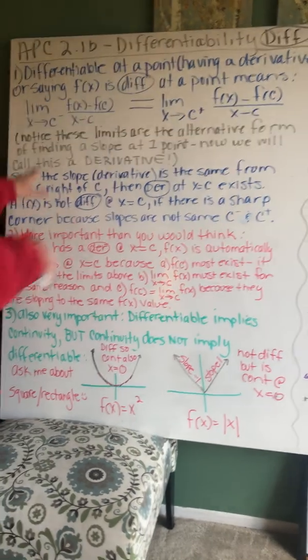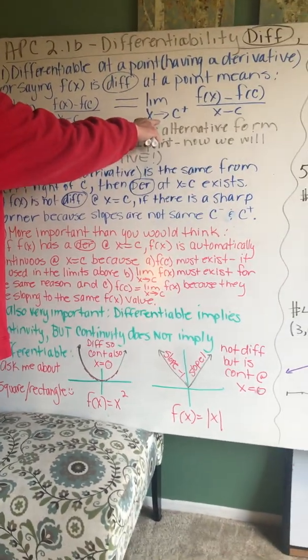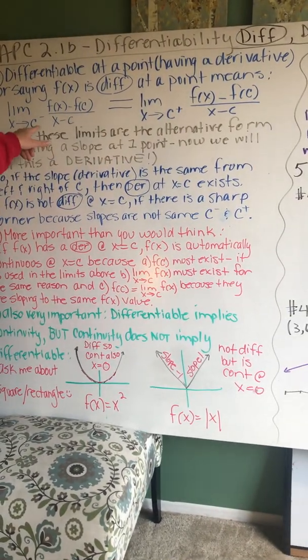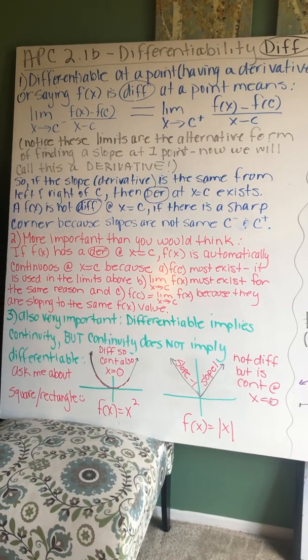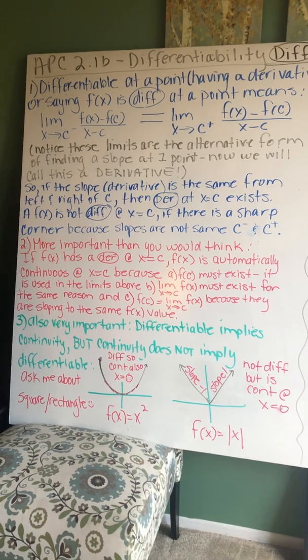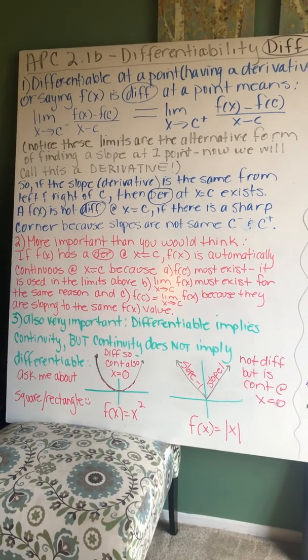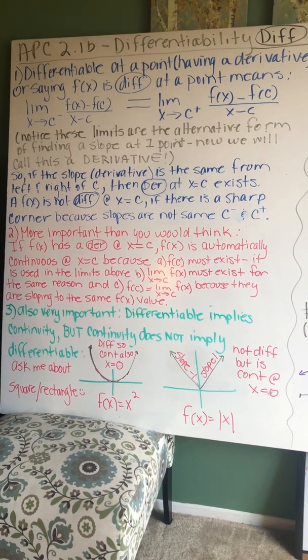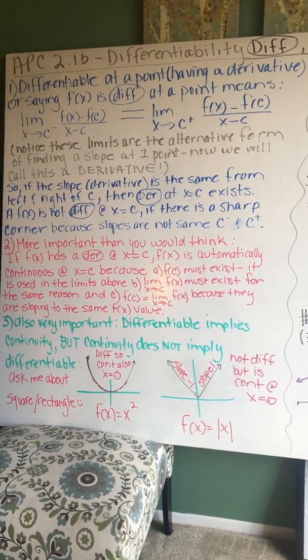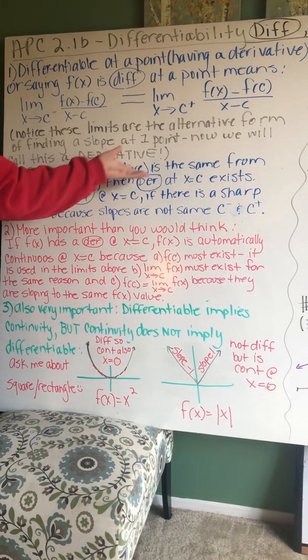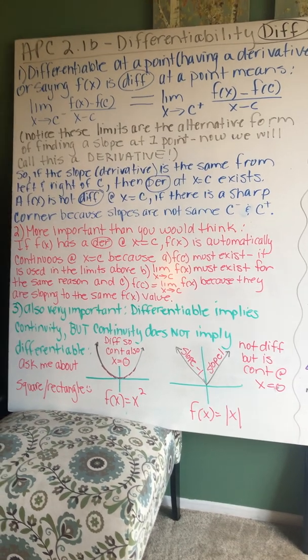This would mean that the slope, as you approach an x of c from the left and the right, is approaching the same slope. That makes it differentiable. So notice these limits are the alternative form of finding a slope at one point that we've used before. Now we will call this a derivative, as I have said.